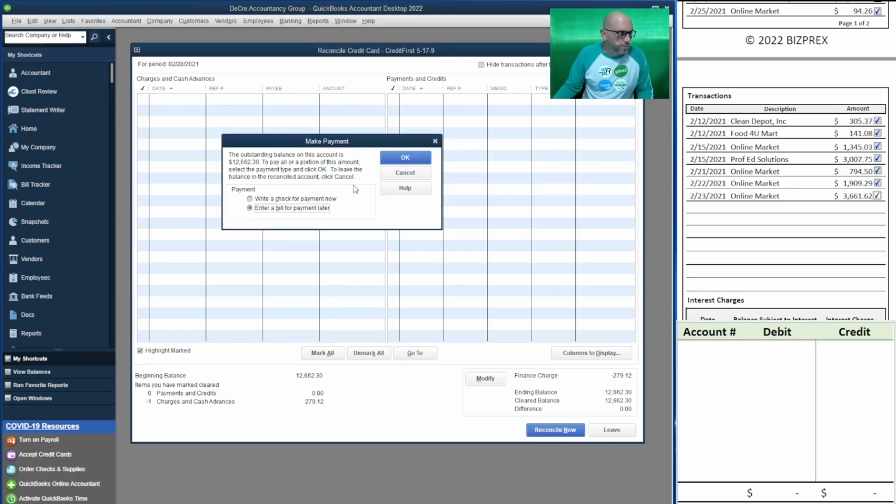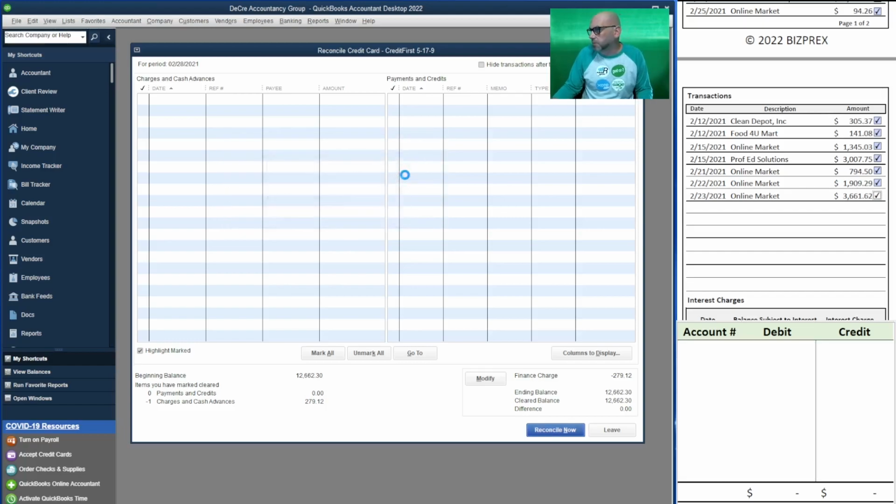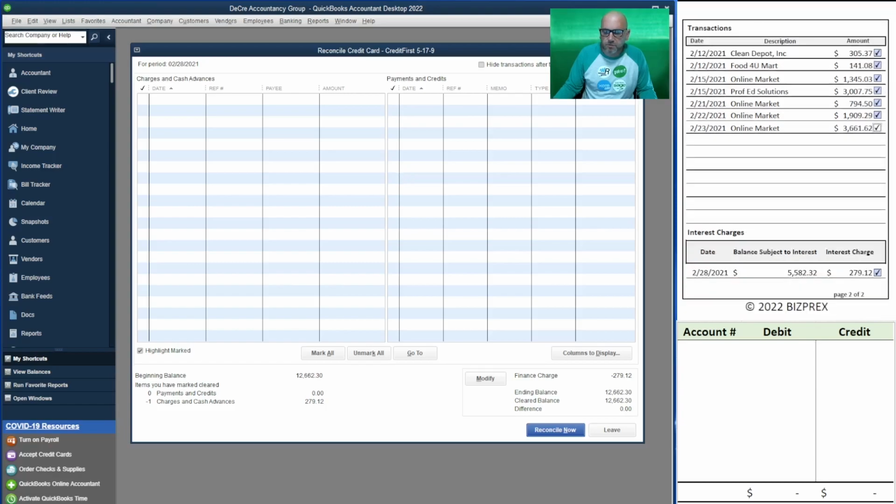We'll enter a bill for payment later, or we can cancel altogether to leave the balance. Yeah, we pay it separately, so we don't need to pay it now. All right. Once it produces the reconciliation reports, we would print them and attach them to this credit card statement.